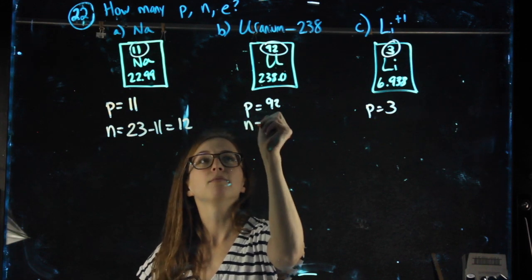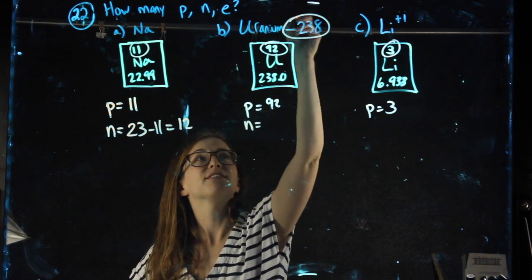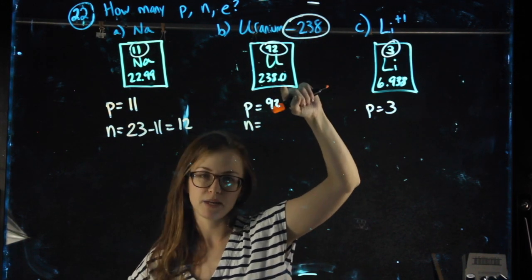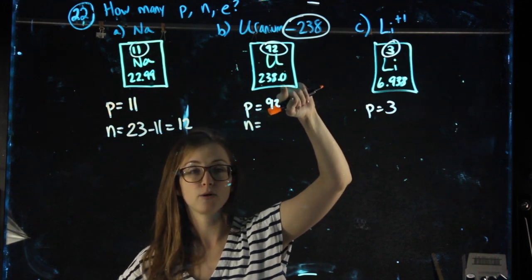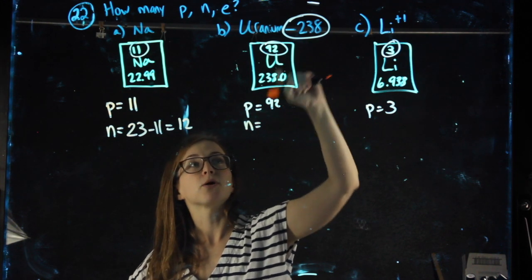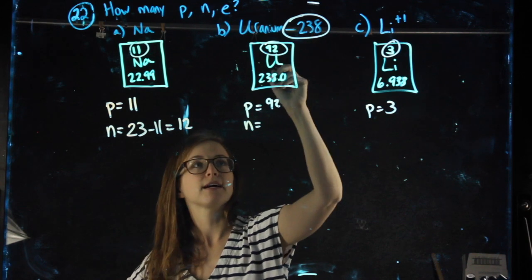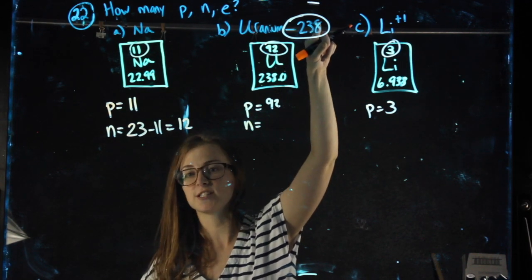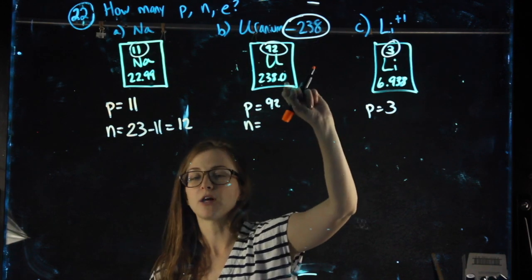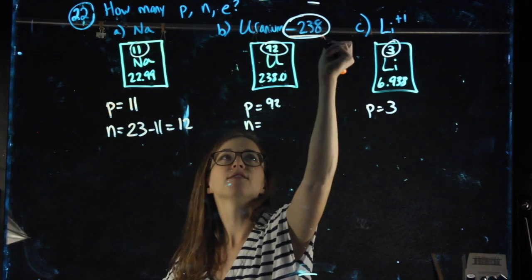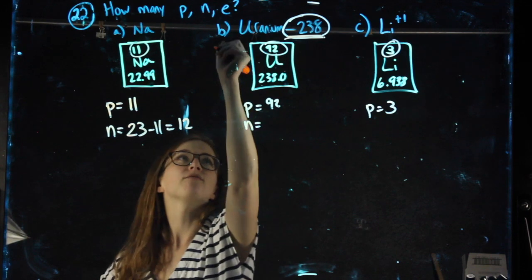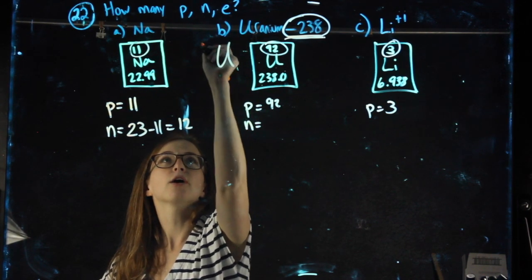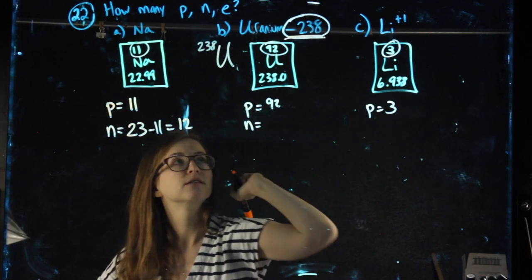For uranium, I'm given a different, well, in this case, it ends up being the same mass that's on the periodic table. If these numbers didn't agree, like if this were 235, I would use this mass. Essentially, it's a different isotope than the one on the periodic table. So if you're given a number here, or another way of writing this in the question, it could have been in the upper left.